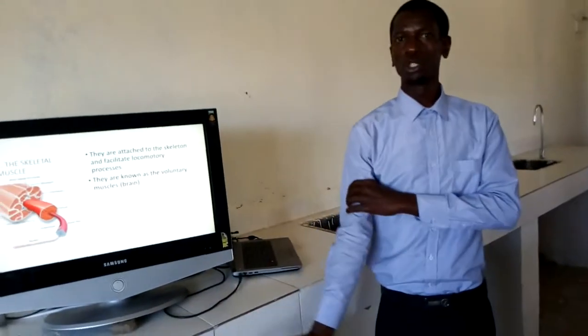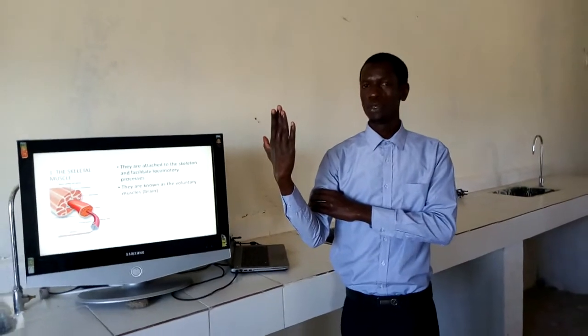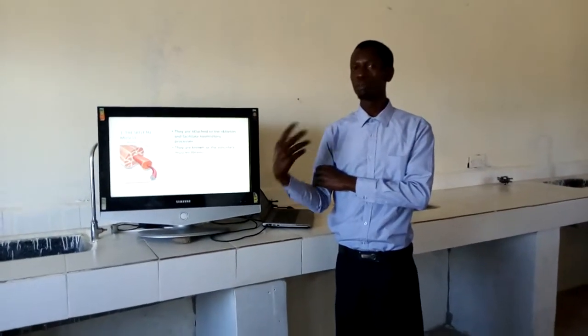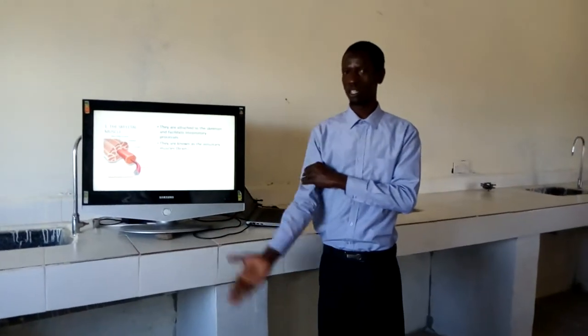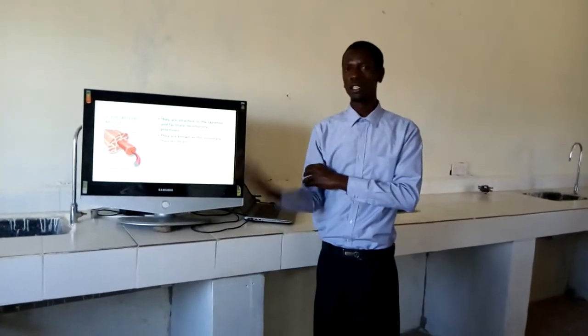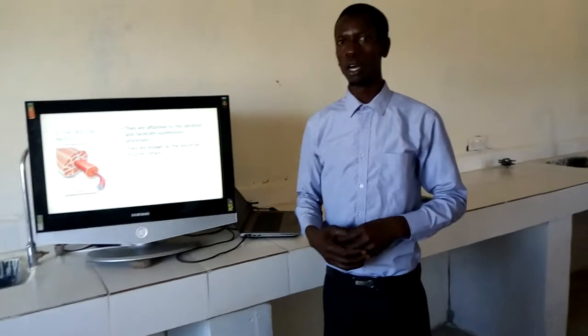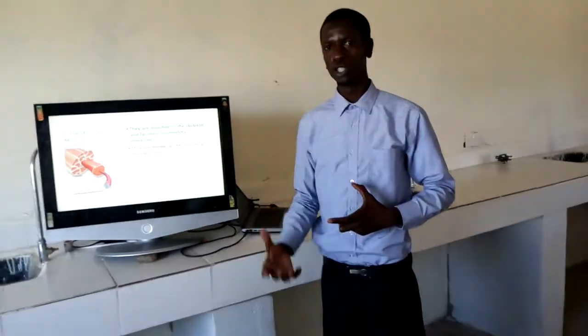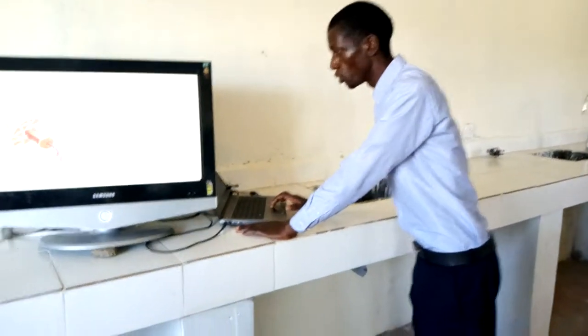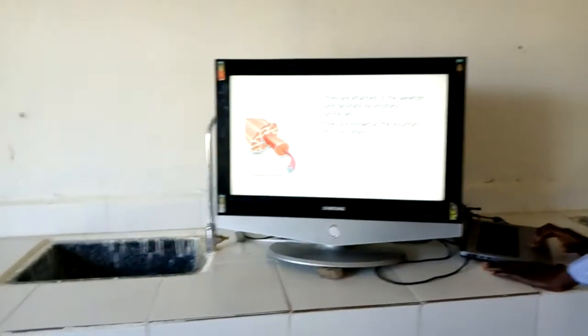For example, I need to move my arm from the lower side to the upper side. That has included the engagement of the brain in that process. This kind of movement is caused by the fact that my brain has been involved. Then we call that kind of muscle a voluntary muscle. Voluntary muscle is the muscle that works in coordination with the brain for an individual to do something.